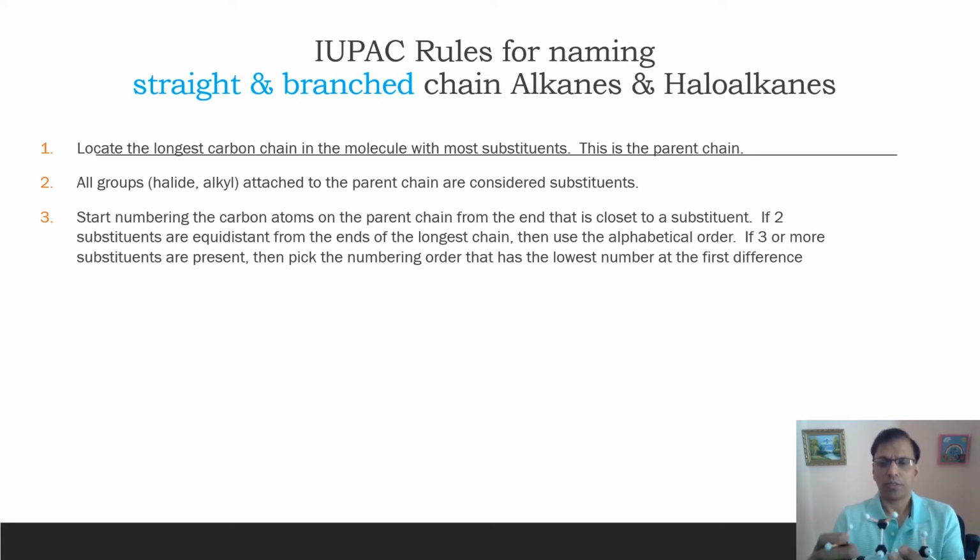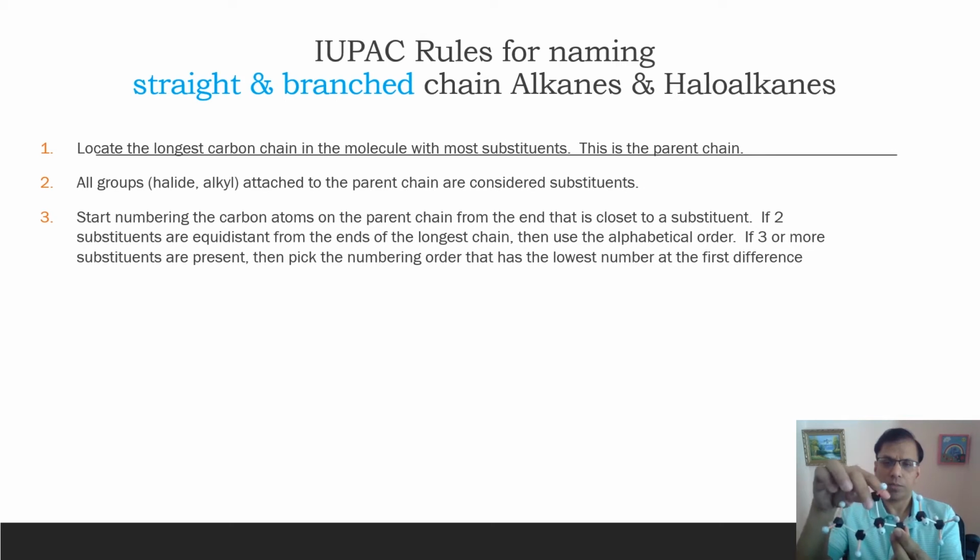For example, let's look at this. The parent chain is 1, 2, 3, 4, 5, 6. This is the longest carbon chain, and so it's considered the parent chain. 1, 2, 3, 4, 5 is not as long; 6 is greater than 5. So this is the longest chain, and on it we have the substituent.